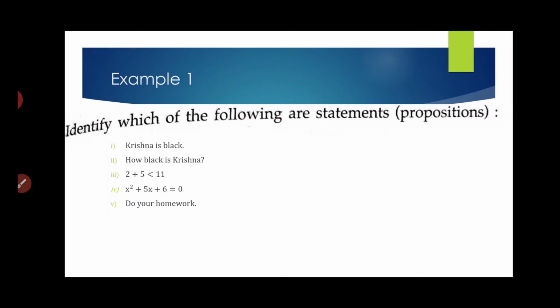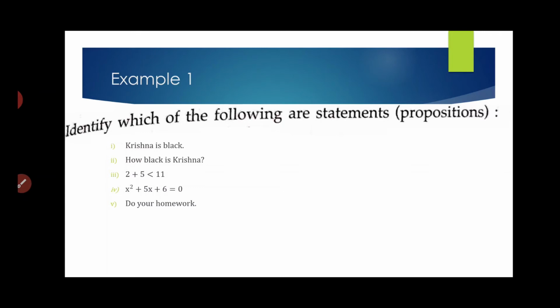Now, to begin with, we have a very racist example, that is, Krishna is black. Now, what can be the answer to this question? Krishna is black. Now, obviously, you can have the answer yes, he is black, or you can have the answer no, he is not.